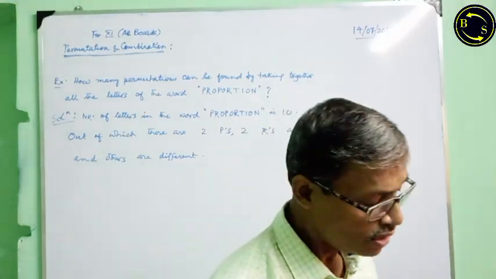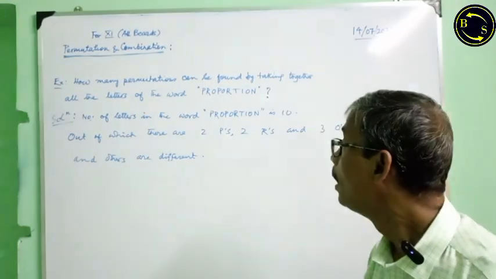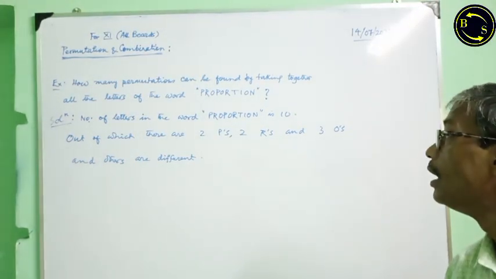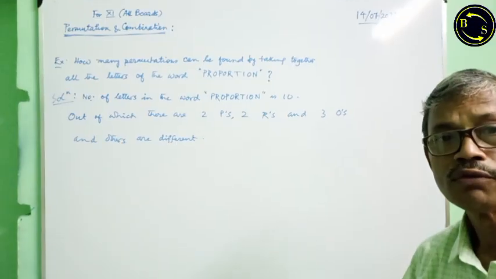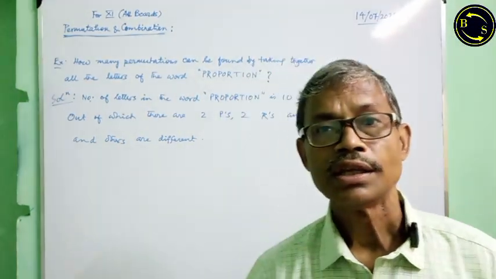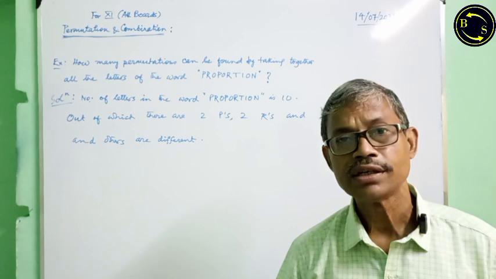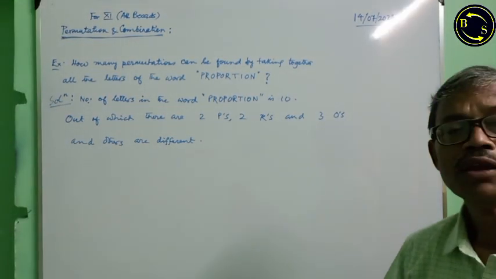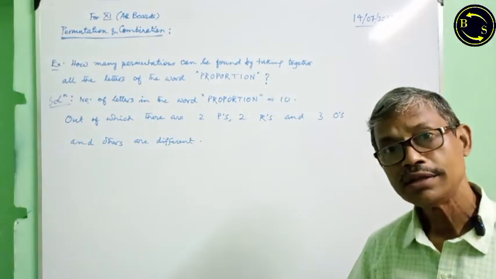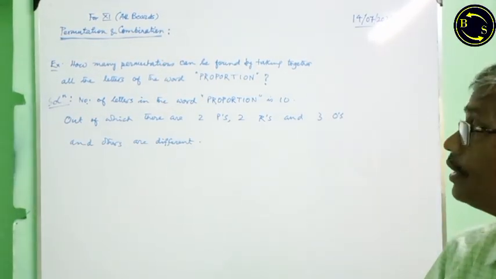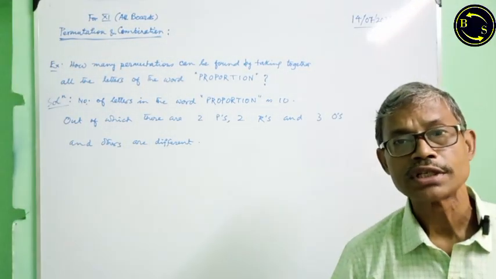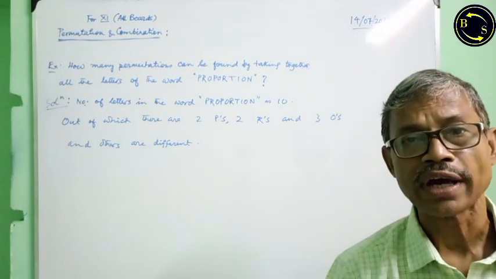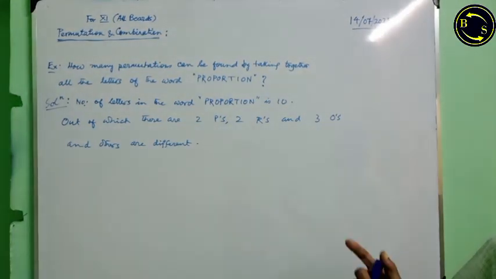Now we have already learned, if n things are given, of which p things are of one kind, q things are of another kind, of course identical, and r things are of another kind, identical, then the total number of permutations taking all n things together will be factorial n divided by factorial p into factorial q into factorial r.